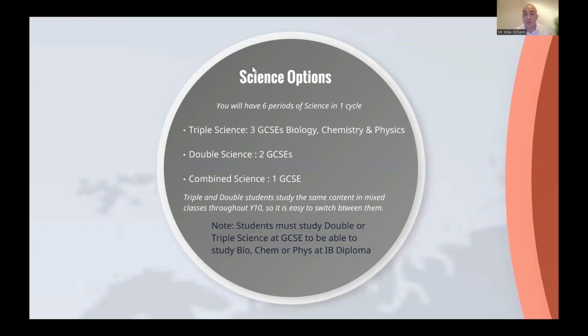So you can get any grade whatsoever in double or triple science. Combined science, you can only get up to a grade C. So hence, this is why you can't do an IB diploma with it. You can do other options at IB diploma if you want to. There's things like ESS, environmental systems, that you could study with combined science, but more of that when you go into year 12.